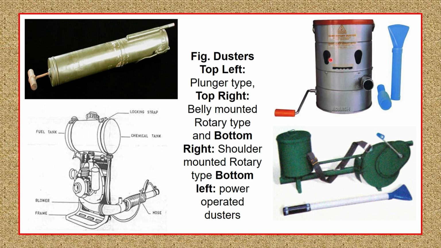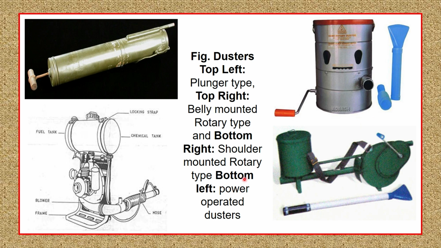That air picks up the particles of chemical and discharges them through this delivery spout. From this delivery spout, with the help of the delivery pipe, the chemical in the form of fine solid particles comes out, and is directed towards the plant over which the chemical particles need to be deposited.